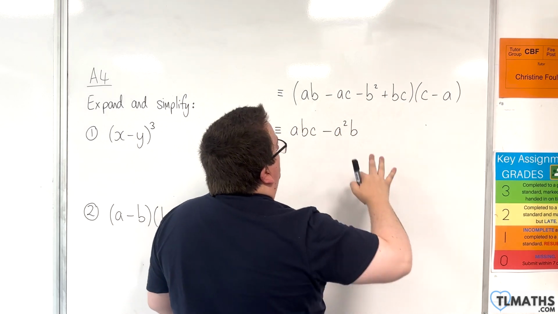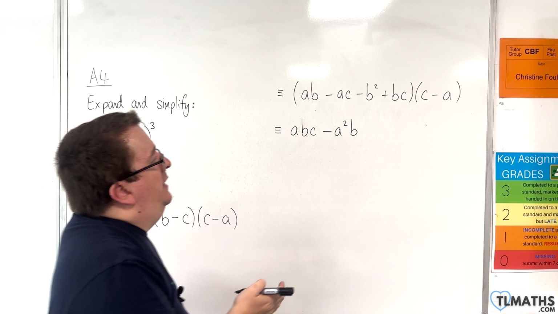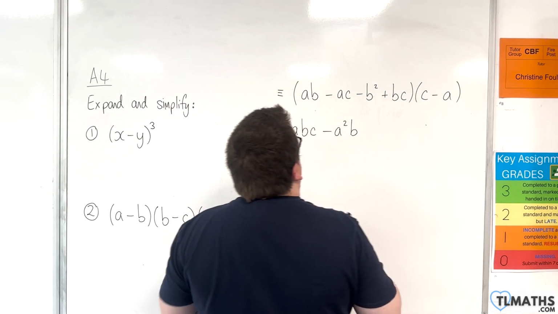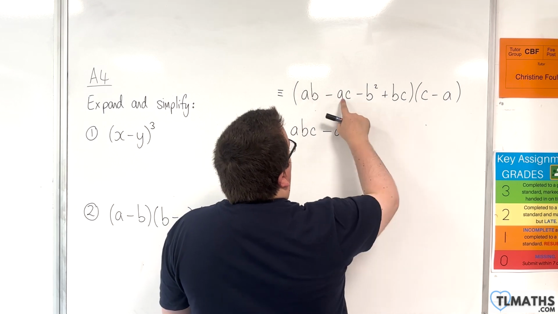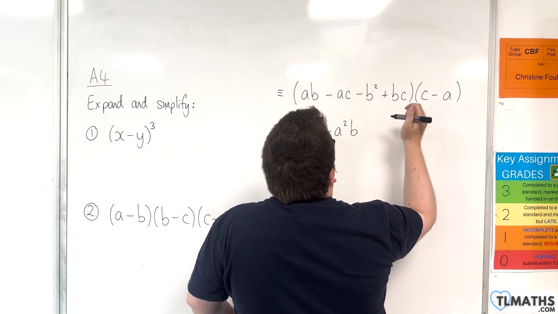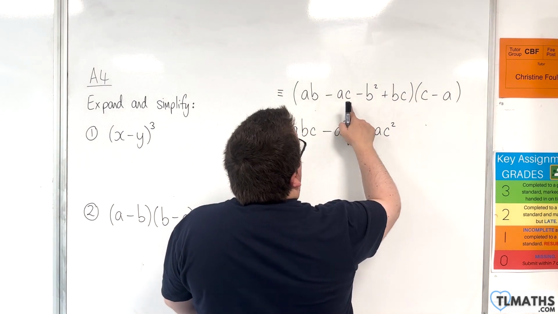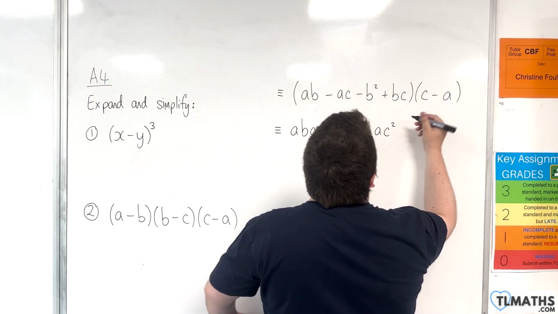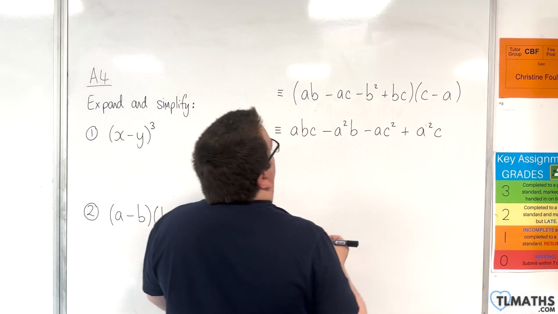Now, there's not necessarily a particular order or way of putting these into nice columns, so I'm not going to worry about that. I'm just going to make sure that the letters appear in alphabetical order. So minus ac times c is minus ac squared. And then minus ac times minus a is going to be plus a squared c.